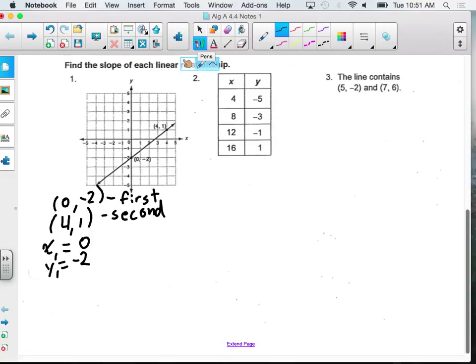Yep, this is our first ordered pair. So our x sub 1 relates back to our first ordered pair. The x value for that one is 0, and then our y sub 1 refers back to the y value for our first ordered pair, and that's negative 2. So then we have our x sub 2 and then our y sub 2. So what are those? 4 and 1.